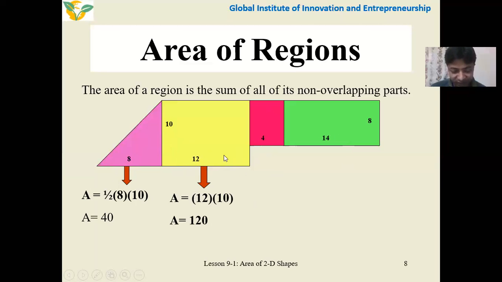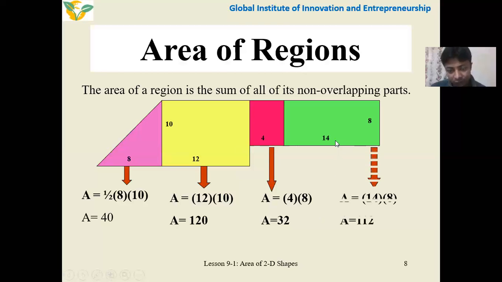You will get the area of this figure. This is again a rectangle for which you will get 4 into 8, because this is 8, so this will also be 8. Now this fourth one is also a rectangle, and this is 14 into 8, which is 112.